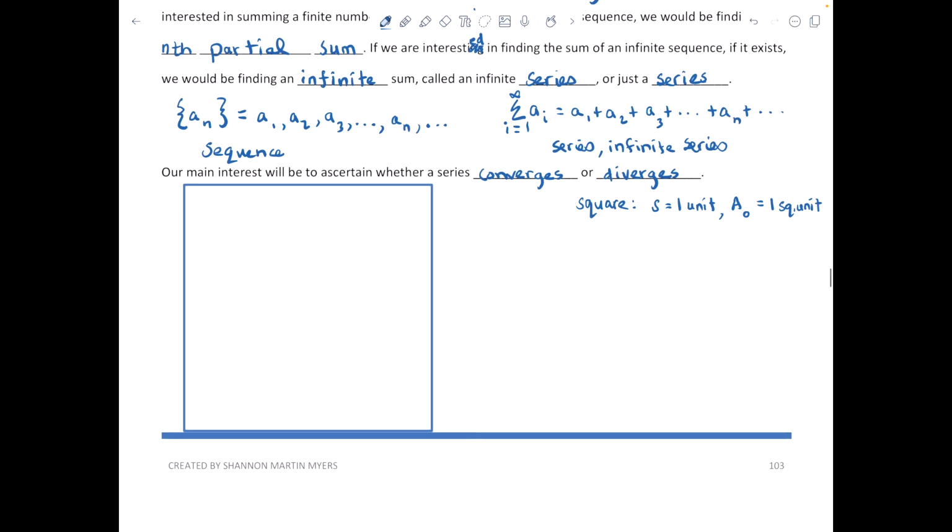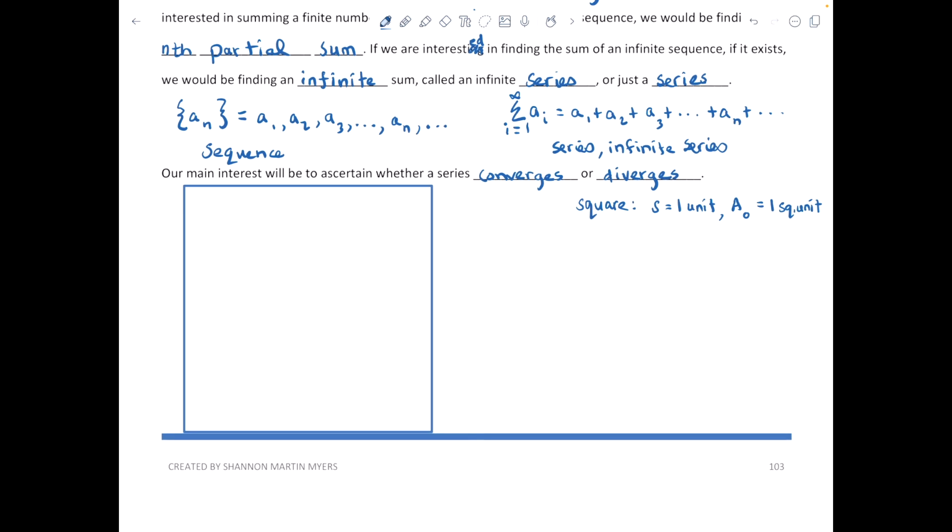Now, let's take a look at what we have going on. So here we go. If we take a look at this square, we want to develop some kind of formula here. That's the evil plan. If we take a look at our square and we start dividing our square in half, we could call this first area, area 1.